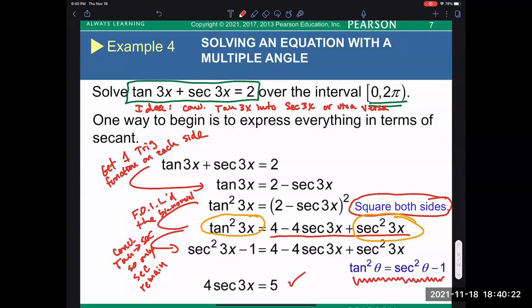And the big idea that I'm suggesting we consider here as the strategy they're emphasizing is that you want to think about converting the tans into secants or vice versa. In this case, we ended up converting the tans into secants. We could have gone the other way if it would have worked better, but tans into secants worked better in this case.